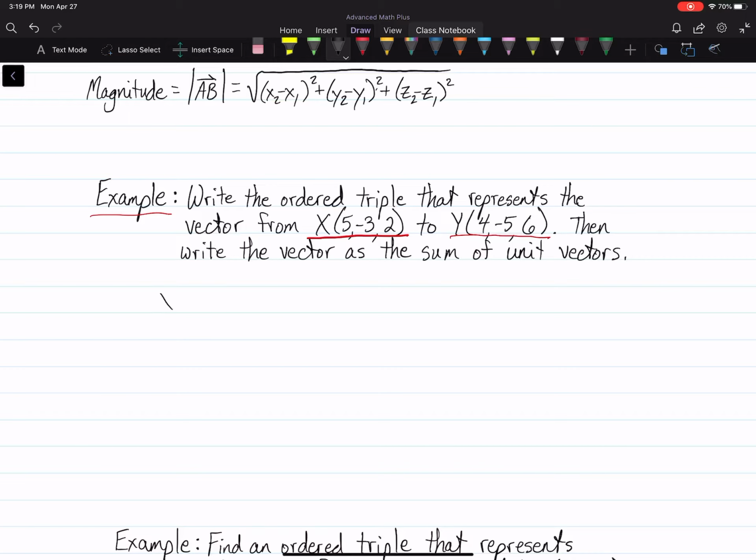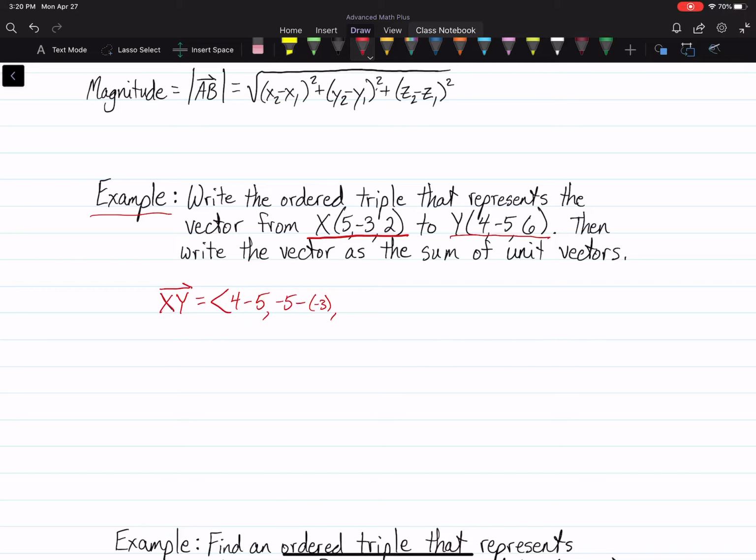So we've got vector XY will equal, and again, we're just doing x2 minus x1. So the second x is 4 minus the first x, 5. The second y is -5 minus the first y, -3.